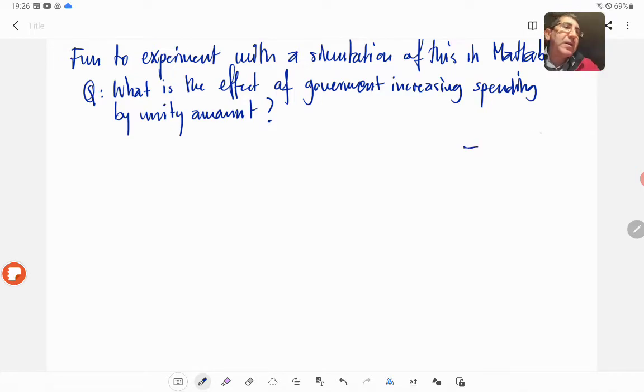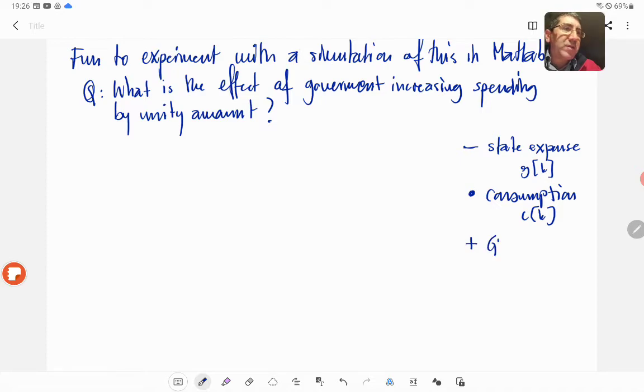Let's say that the line represents state expenditures, state expense g of k, and also let's say that round samples indicate the consumption c of k, and let's also state that plus signs indicate gross national product, or y of k. Okay, so let me show you an example. Here's a graph.